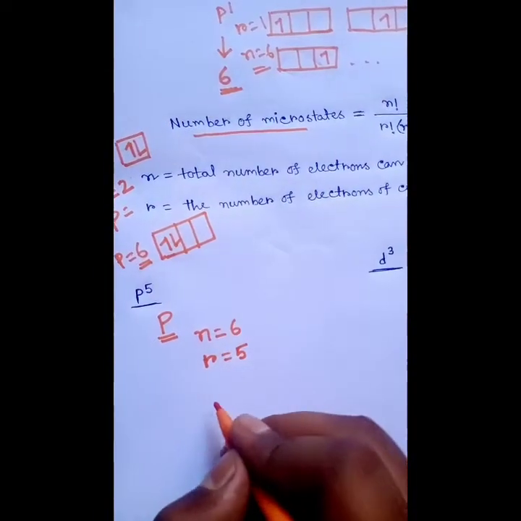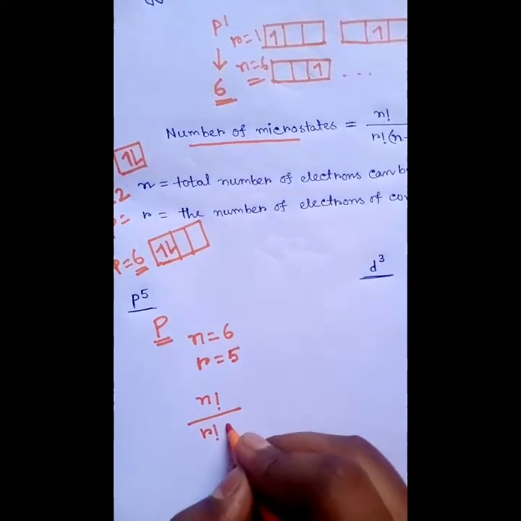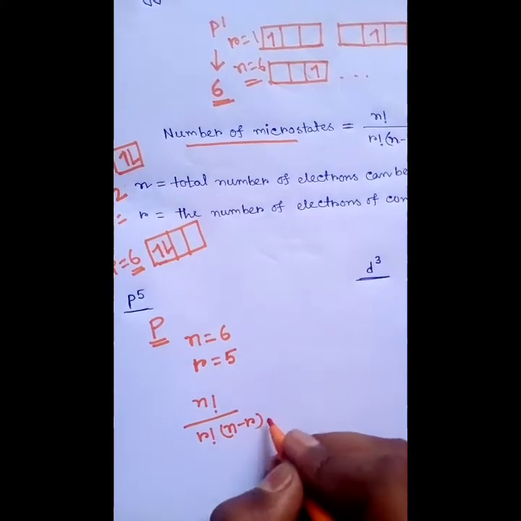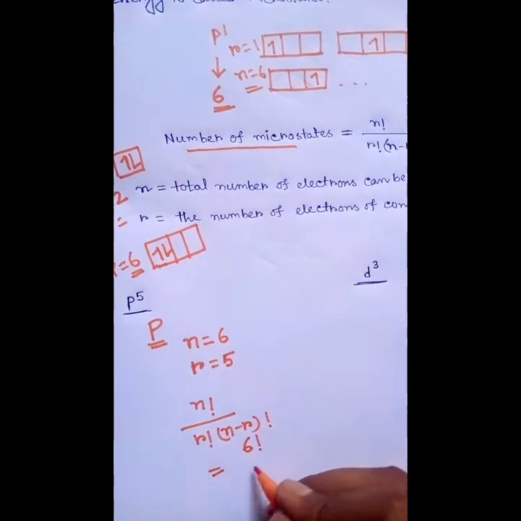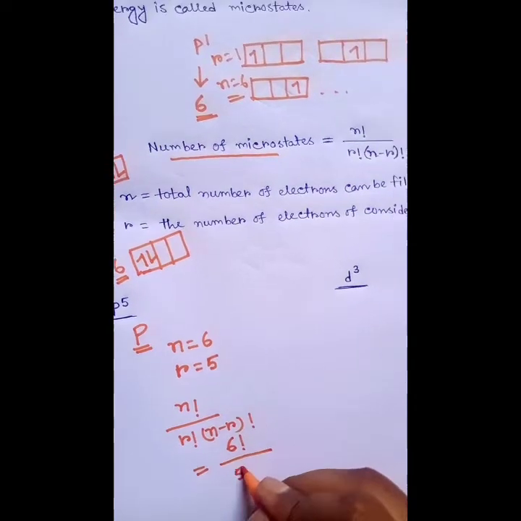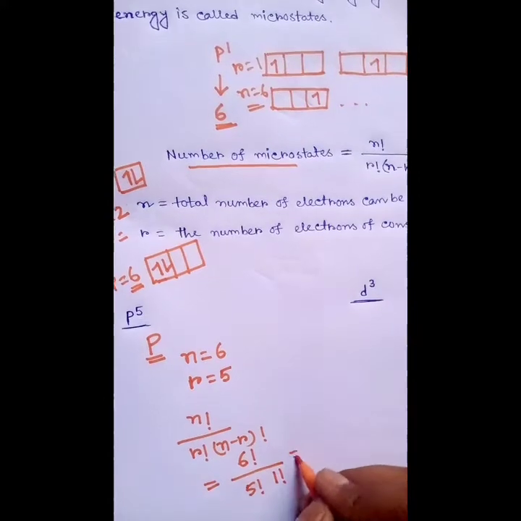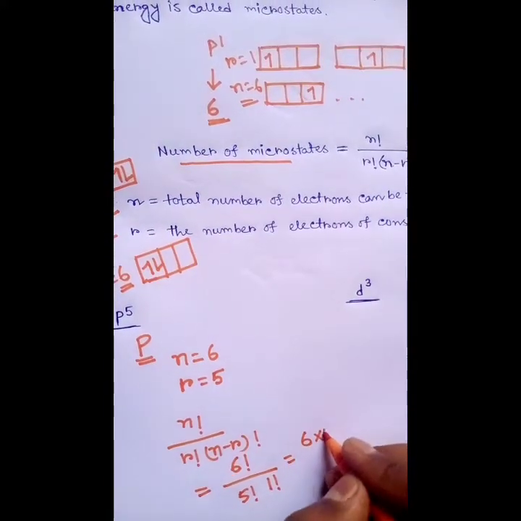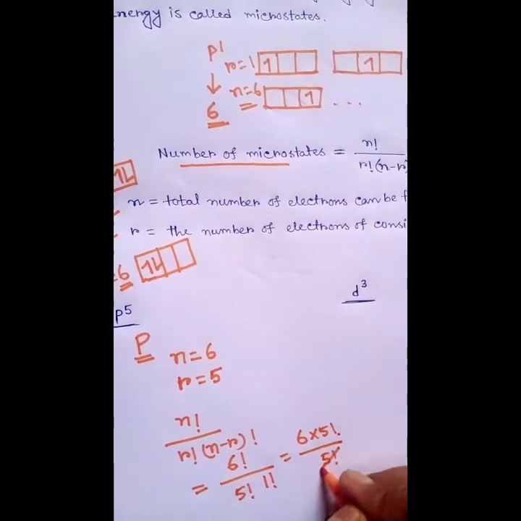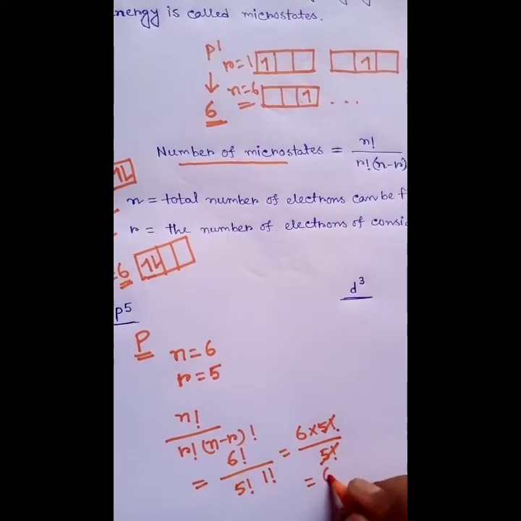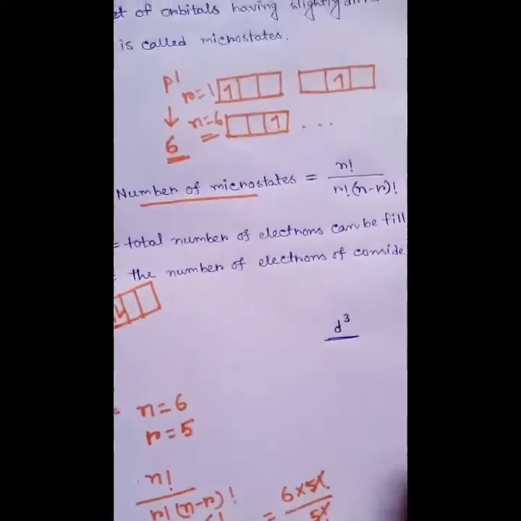If we write the formula, that is n factorial by r factorial into n minus r factorial. So the number of microstates will be 6 factorial by 5 factorial into 6 minus 5, that means 1 factorial. So if I calculate 6 into 5 factorial by 5 factorial, they will cancel each other. So the total number of microstates will be 6 for the p5 configuration.